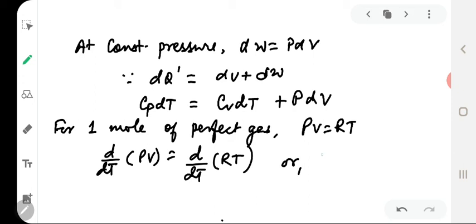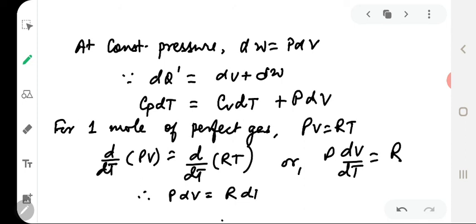Or we can write down, since pressure is constant, P dV by dT equal to R. So we get P dV equal to R dT.